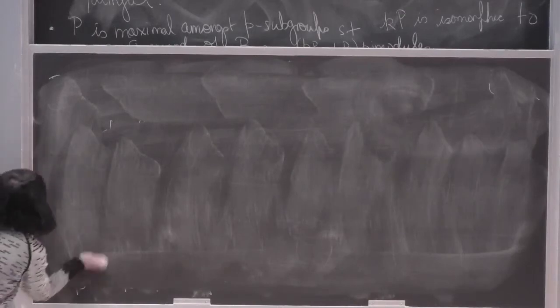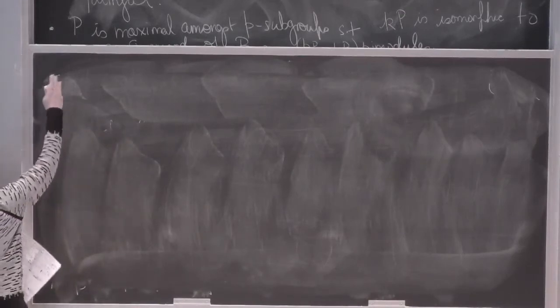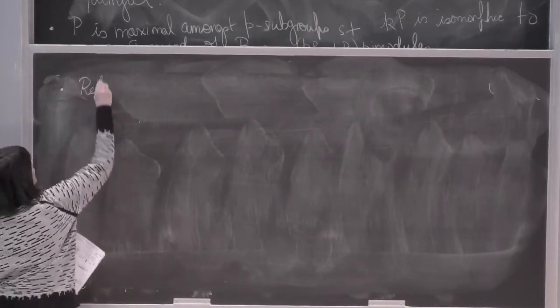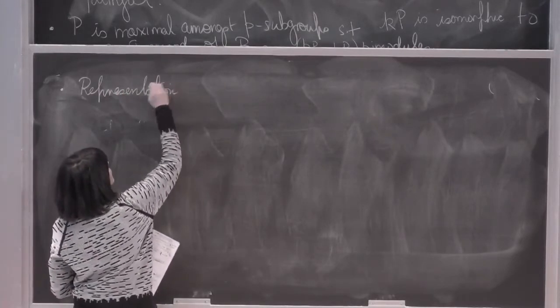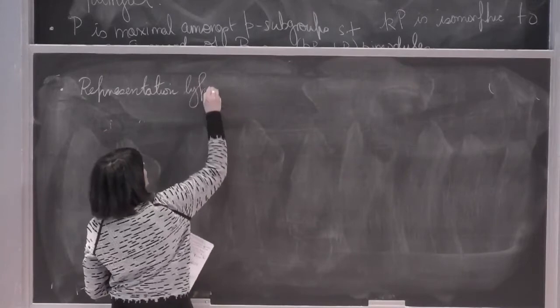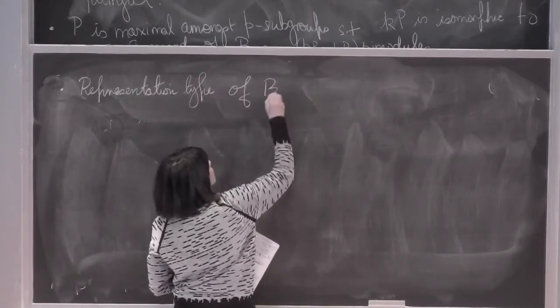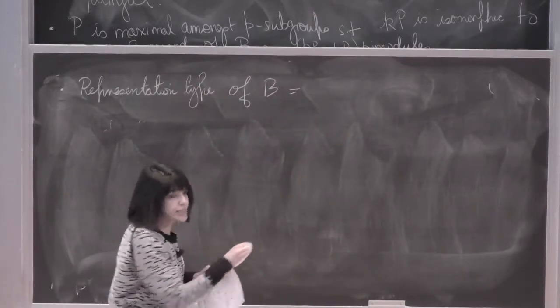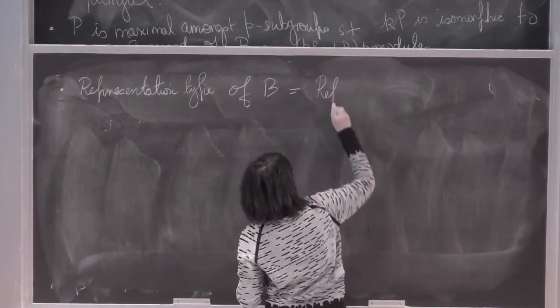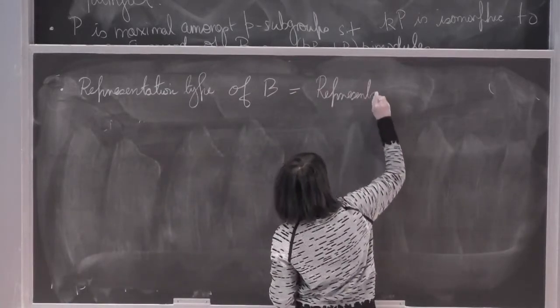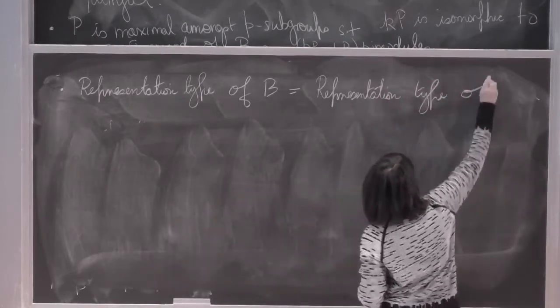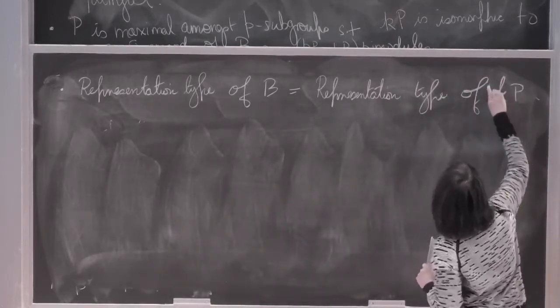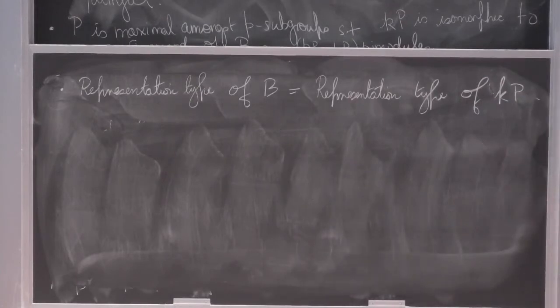So why are defect groups important? First of all, the representation type of B is the same as the representation type of KP, for those used to thinking about representation type.